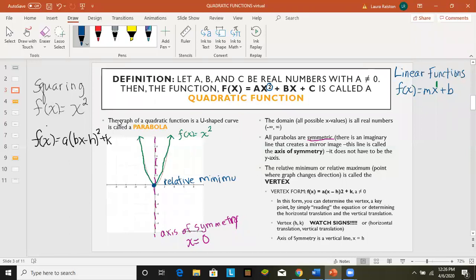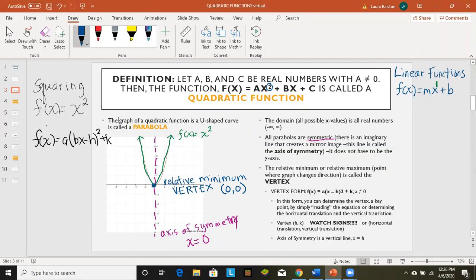It has a fancy name because it is an important point of the parabola, where it changes direction. The special name is the vertex. And for our basic parent graph, that vertex is at the origin, which is 0, 0.